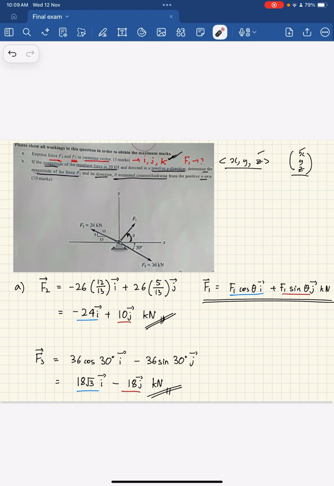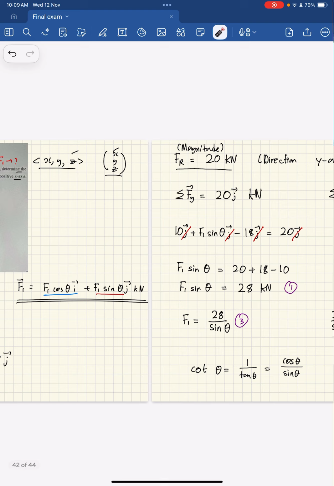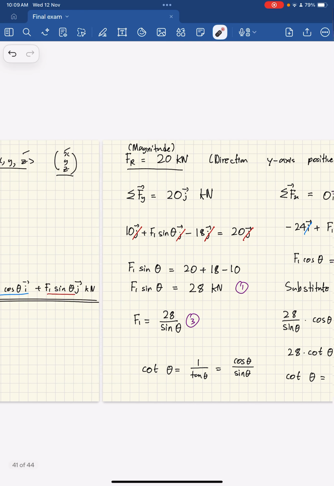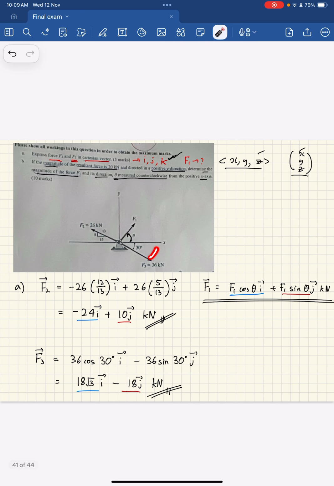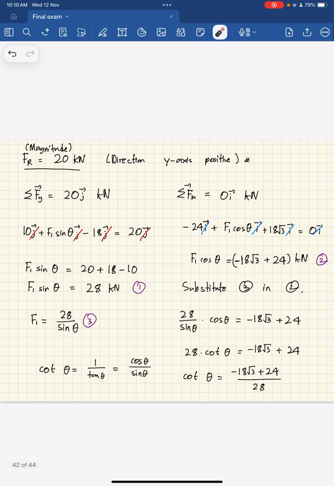Okay, so f1 cosine i be positive, f2 become negative x, and f3 become positive x. So 36 cos 30 should be positive, right? 18 root 3, 36 cos 30. 18 root 3 has to be positive, okay.